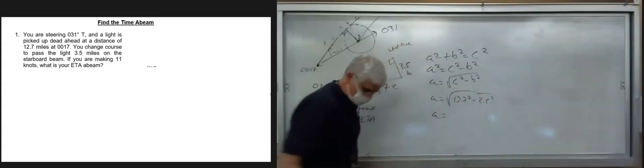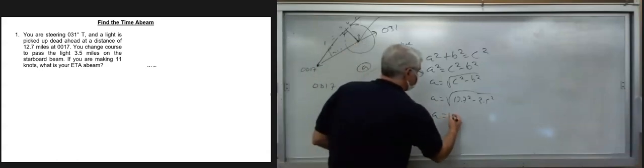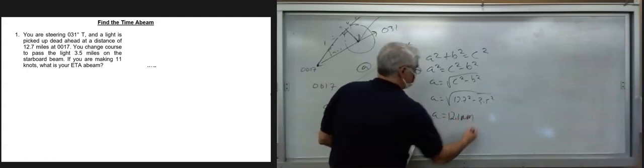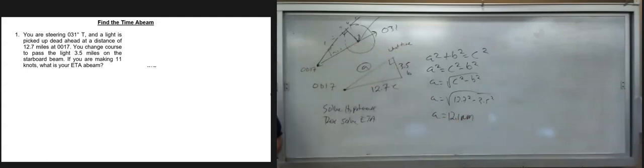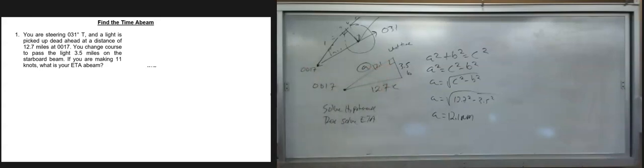A equals 12.1. Okay, so this leg here is 12.1 nautical miles. Okay, use Pythagorean Theorem, figure that out.